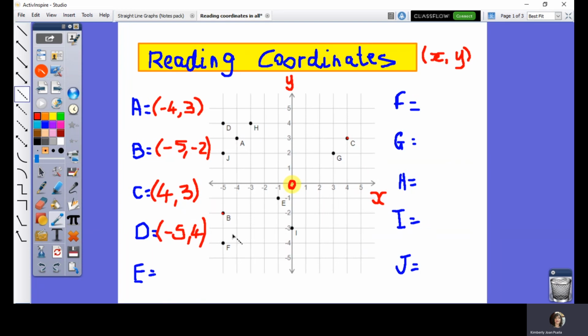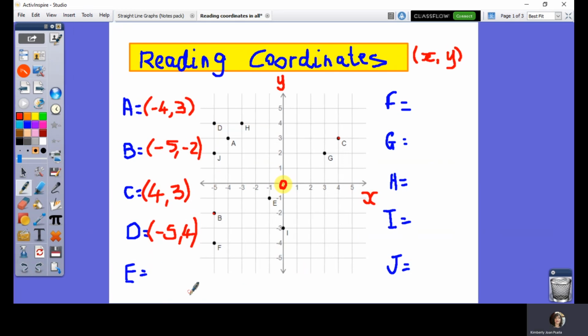You can always draw two dotted lines coming out from the point, and they should touch the axes. One should touch the x-axis and the other the y-axis. Point D touches the x-axis at -5 and the y-axis at 4. You can try it out as well.